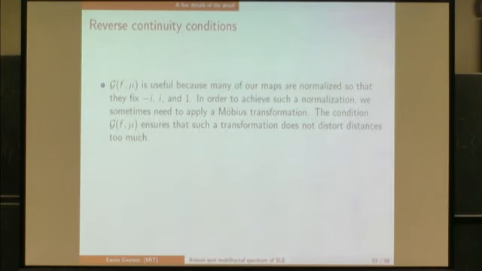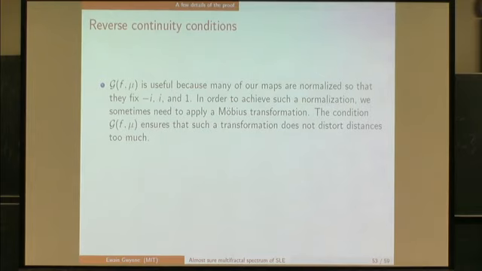So why are we interested in these weird-looking regularity conditions? Well, first, script G is useful because remember that we were normalizing all of these conformal maps so that they fix negative i and 1. So when we're working with maps which fix negative i and 1, and we want to get a new map which fixes negative i and 1 after we apply some transformations, we need to apply a Mobius transformation which takes the images of negative i and 1 back to where they're supposed to be.